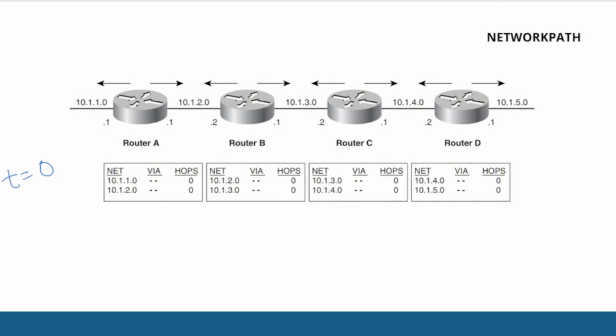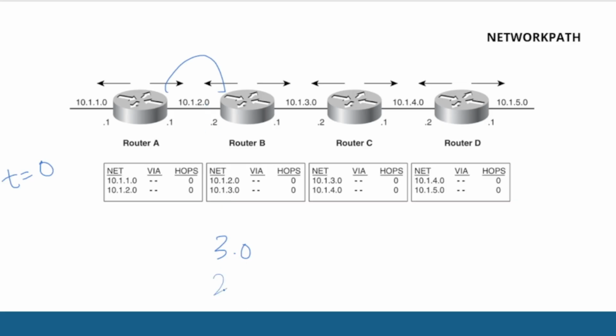That is why it is saying that both are 0 hops away. And A thinks, well, if B can reach them in 0 hops, then for me they are 1 hop away. If B is telling that 3.0 is 0 hops away, then A at least needs 1 hop to reach this network.